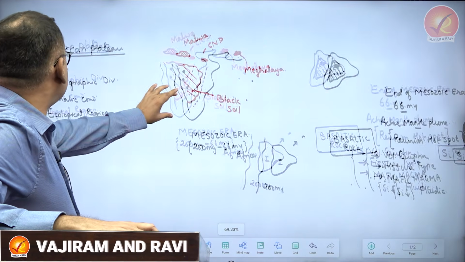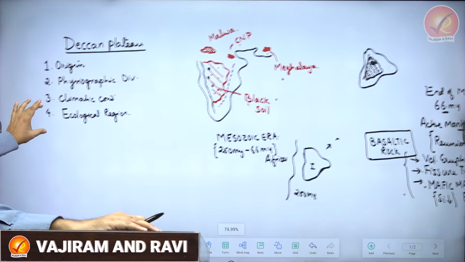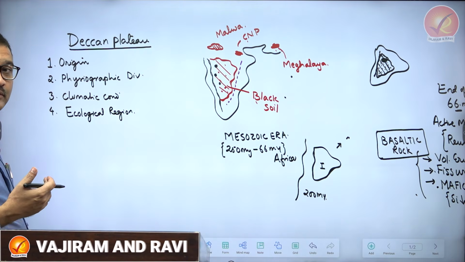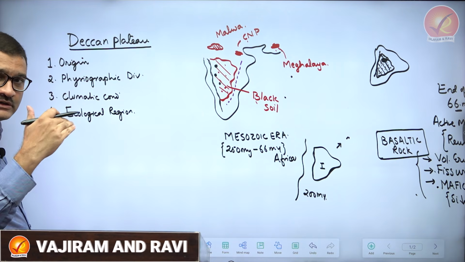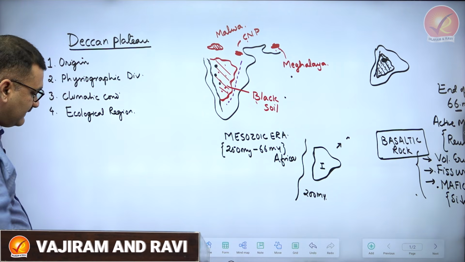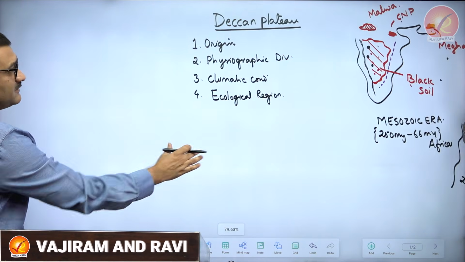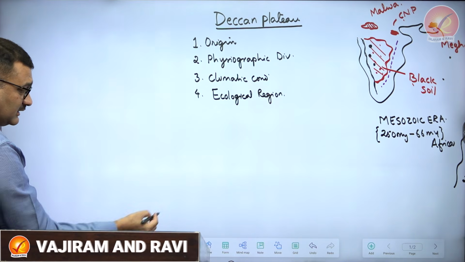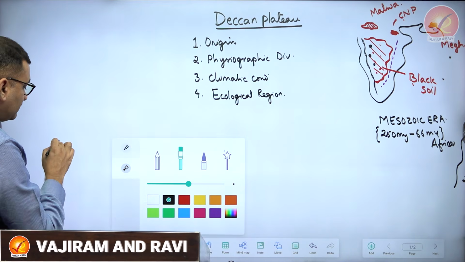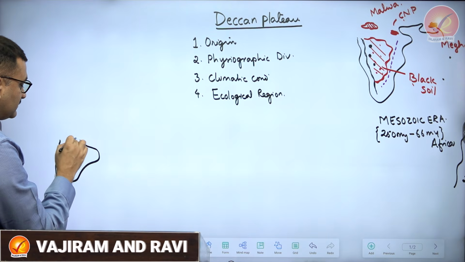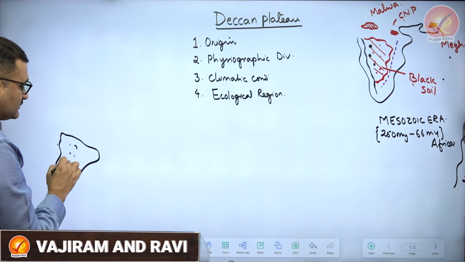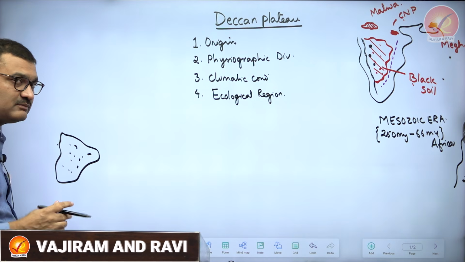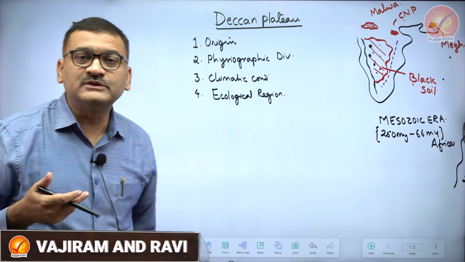So this is the first aspect we have discussed, how Deccan Plateau has come into existence and what is the topographical condition. Now, another important aspect of Deccan is, if you are asked whether life existed before the formation of Deccan Plateau, this triangular landmass was obviously with flora and fauna, because here we are talking about the Mesozoic.